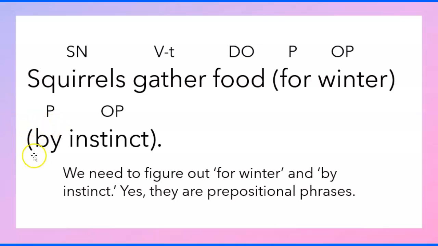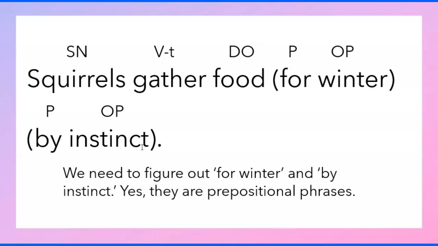So here we go. We have this next one, put the smiley faces around, and we are going to put P above by, because we know that every prepositional phrase begins with a preposition. And then we have OP over instinct, because we know that every prepositional phrase ends with an object of the preposition.